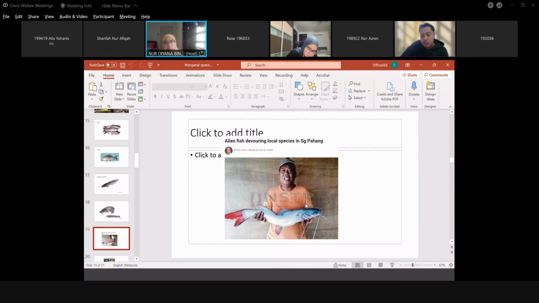Their feeding behavior is more aggressive compared to our local species, and they have more opportunity to feed. So they thrive better than our local species. So that's what you see in the newspaper, and what people catch.